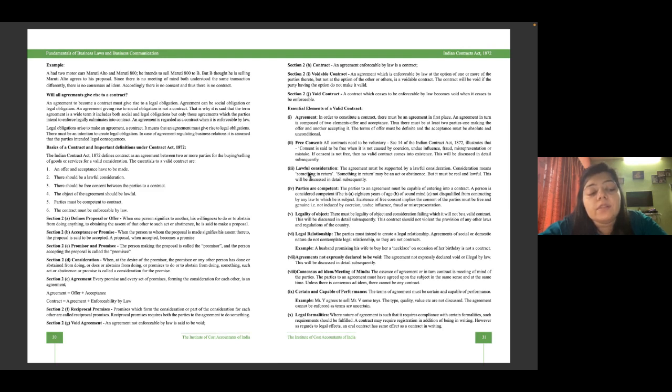If you fulfill those basic tenets, only then will the judiciary ordain the status of a contract to the agreement that you have so made. So what exactly is it that defines an agreement or a contract as such, which is a bit different from an agreement?